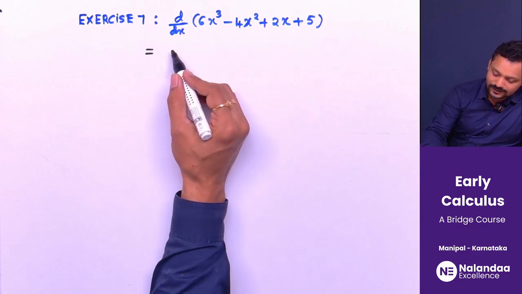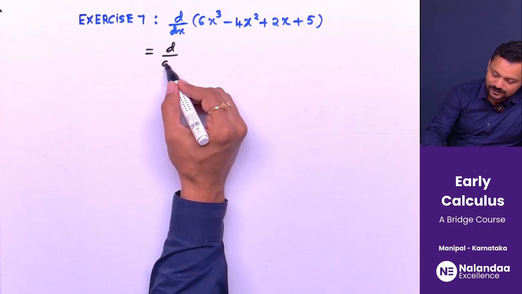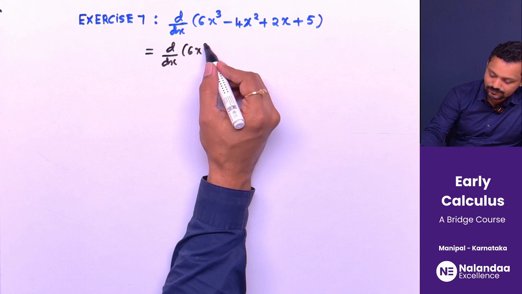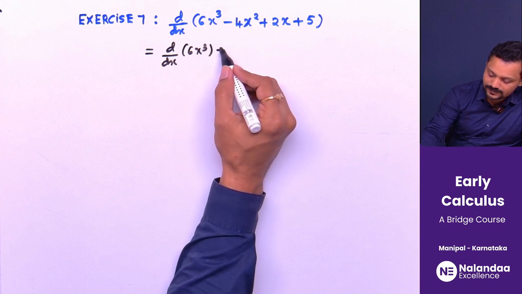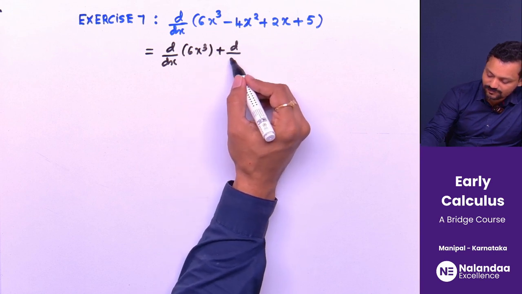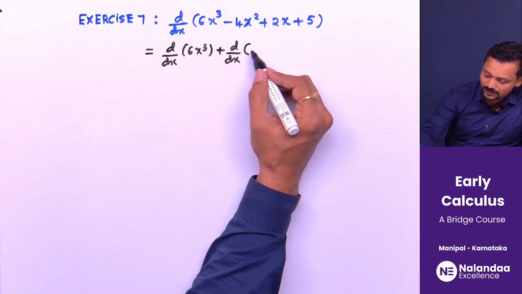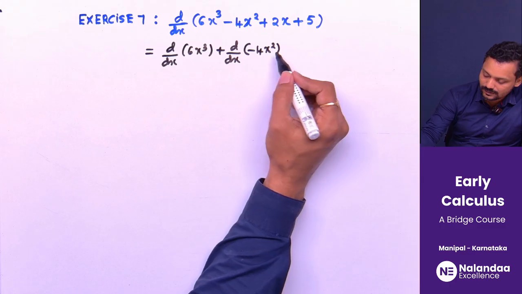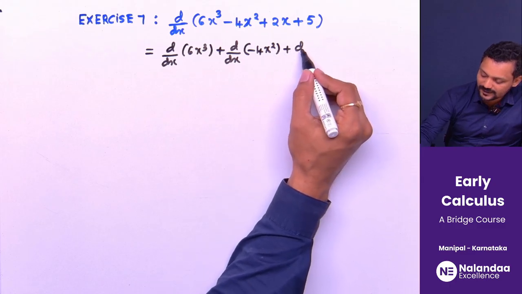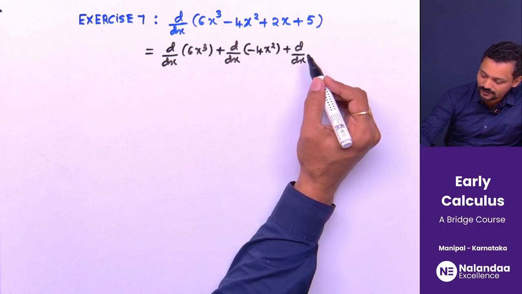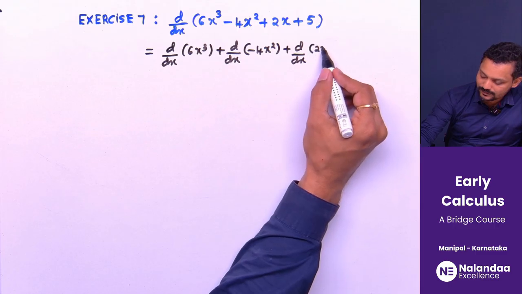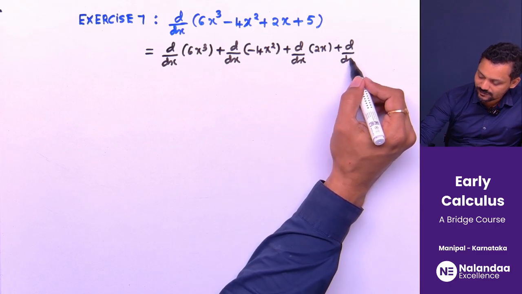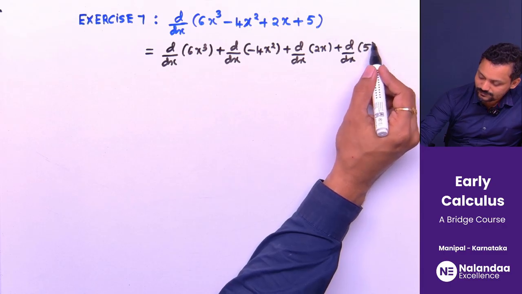So this can be written as d by dx of 6x power 3 plus d by dx of minus 4x square plus d by dx of 2x plus d by dx of 5.